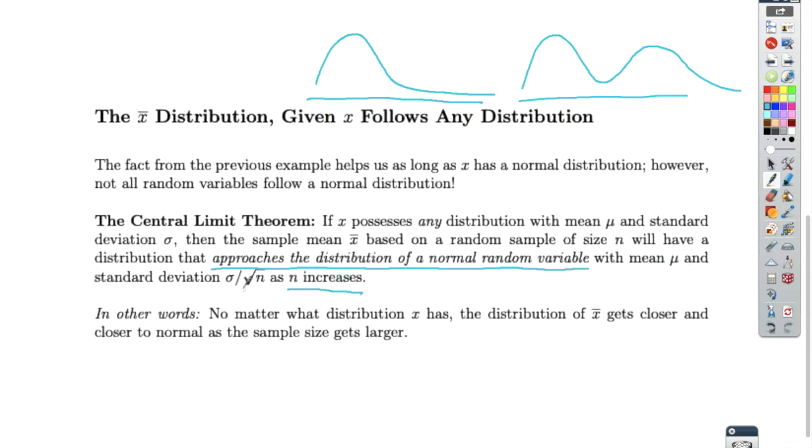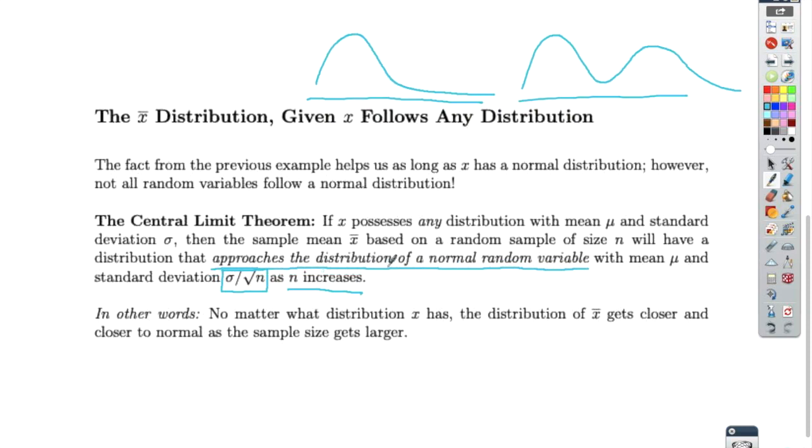And the standard deviation is that same formula that we just went over, sigma divided by the square root of n. So you just adjust your standard deviation a little bit. In other words, to summarize, no matter what distribution x has, the distribution of x bar, the means, gets closer and closer to normal as the sample size gets larger.